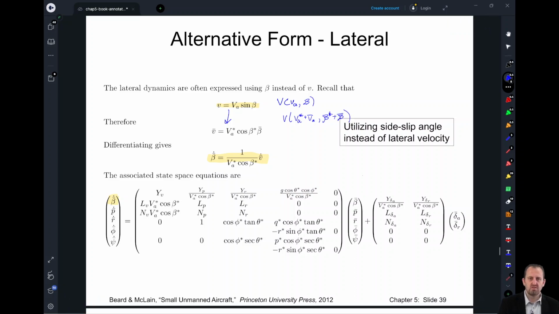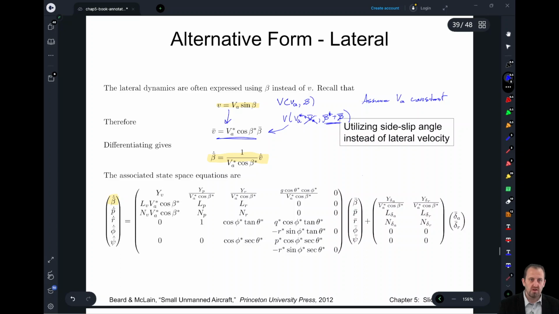If we assume that VA is constant, so we're really not varying that much, and we see from our sims that we are able to keep VA fairly constant, then this component right here is just a linearization about that beta. And so the constant term makes that go to 0. And so then if we just do our Taylor series expansion about beta, then we get this equation right here.